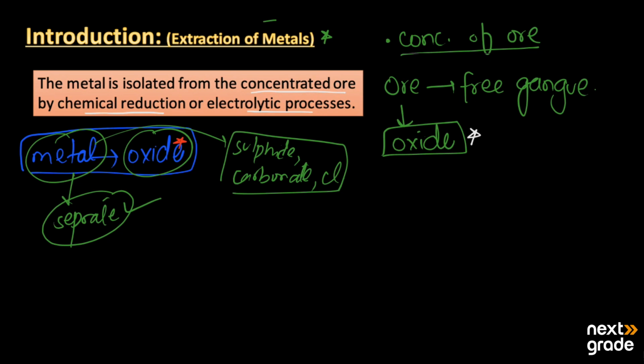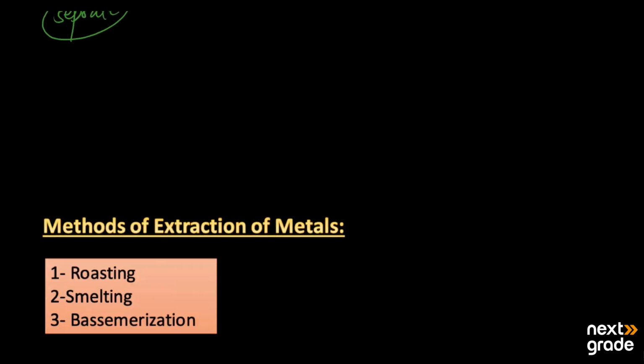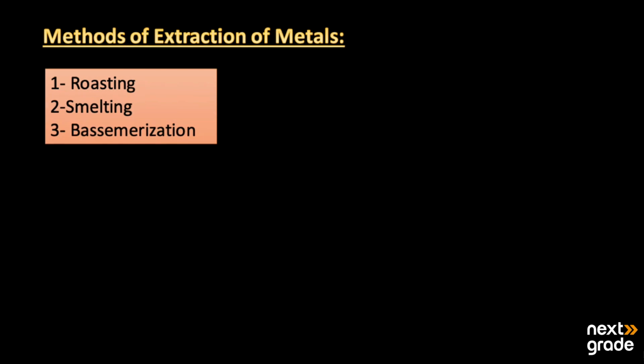Now, what are the main methods that may be used for the extraction of the metals? Here we have basically three methods. The first method is known as roasting. What happens in the roasting process? The ore is heated and converted into its oxide.